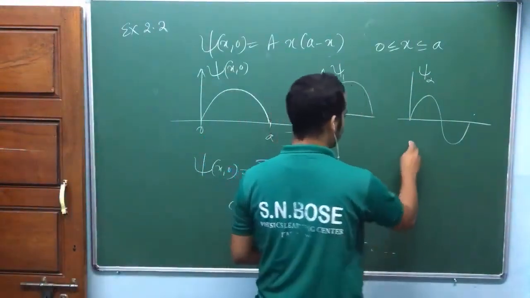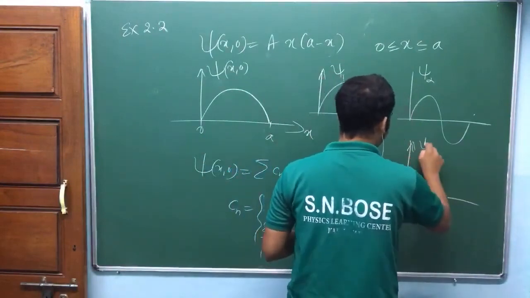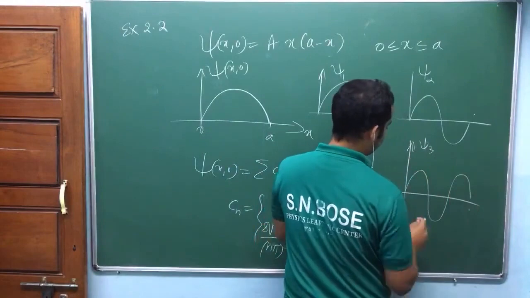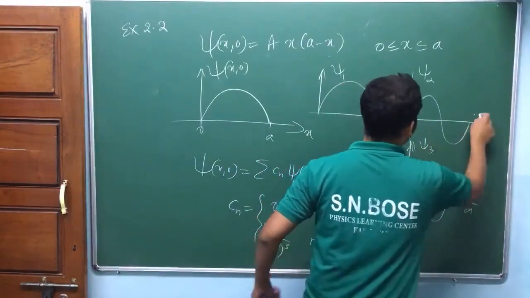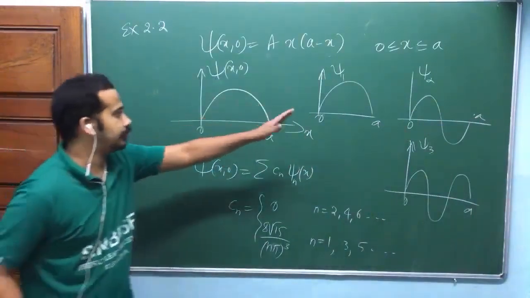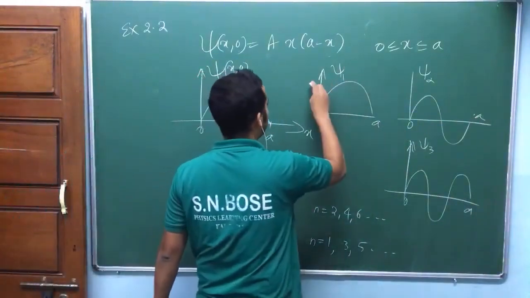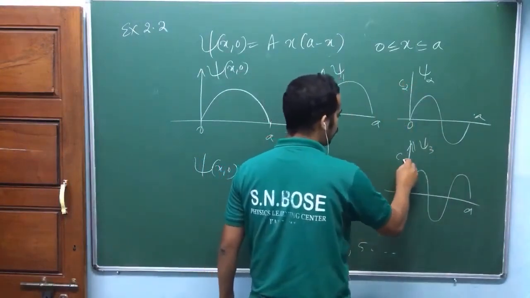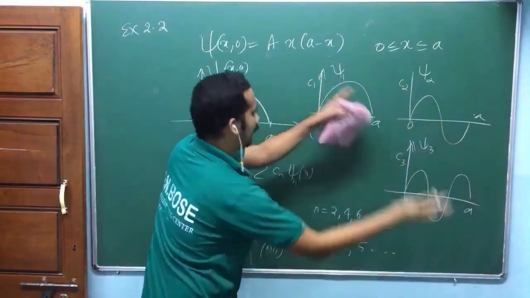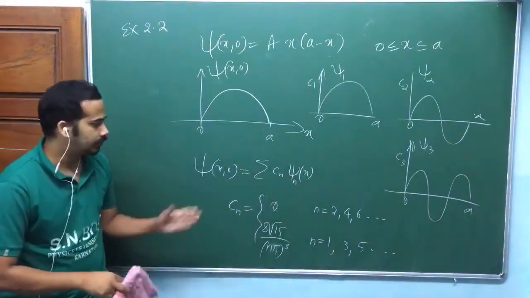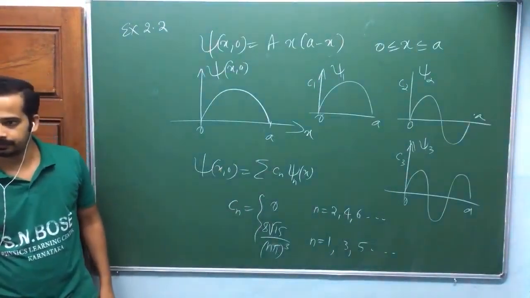So shall I write like this, psi 3 here, like this, 0 to a, 0 to a here, 0 to a here, am I right? Now look at here, in this decomposition, I am multiplying this curve with C1, I am multiplying this curve with C2, I am multiplying this curve with C3, like that, and I am just adding all of them, I am getting this curve. That is the meaning of decomposition, Fourier decomposition, isn't it?